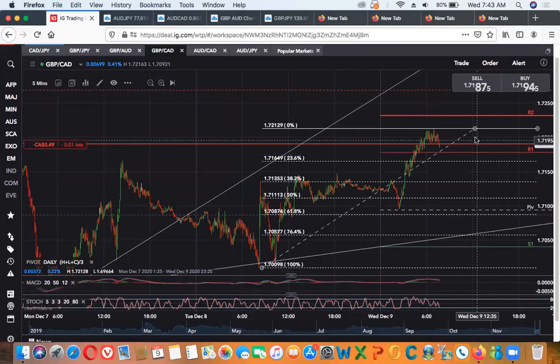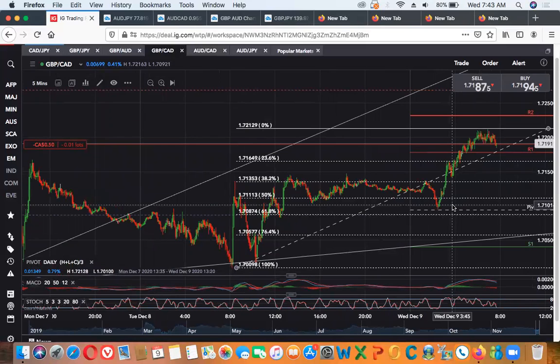So basically, this is telling me that we could get an even bigger retracement, back down to the 50% mark of this trend, which is about this area. Even this pivot point. So we want to be aware of that as well.